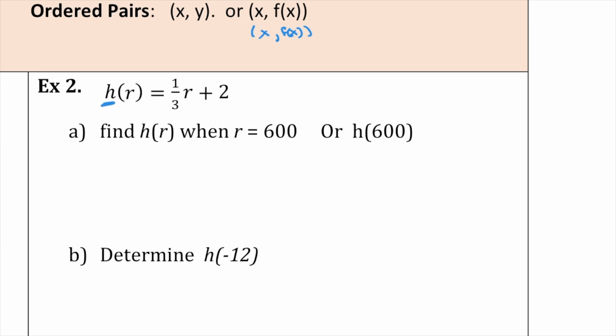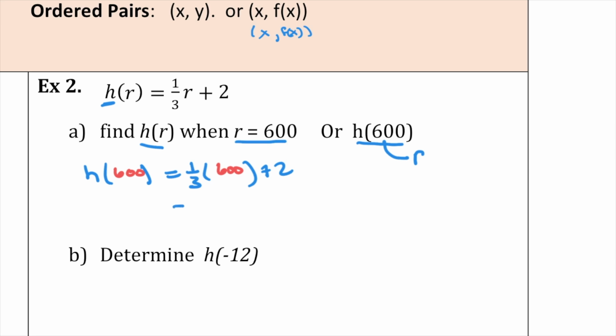We're going to find h of r when r is equal to 600. Another way to write it is h of 600. So the 600, again, not an x this time, it's an r value. So h of, replace all the r's with a 600, equals, we have our 1/3, replacing the r again with the number 600, and then we'll have our plus 2.